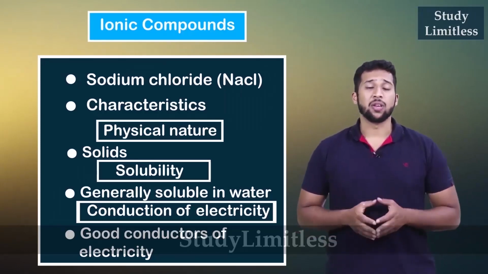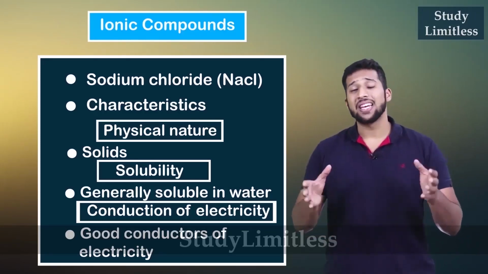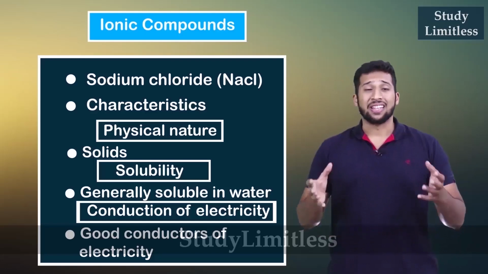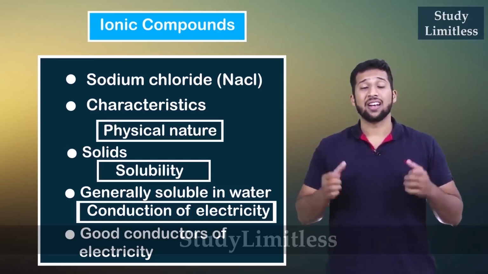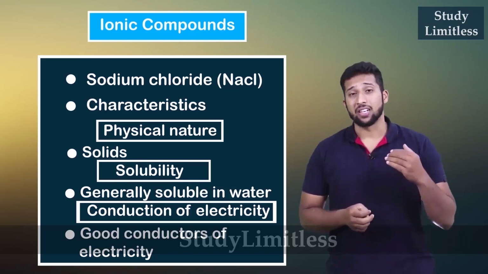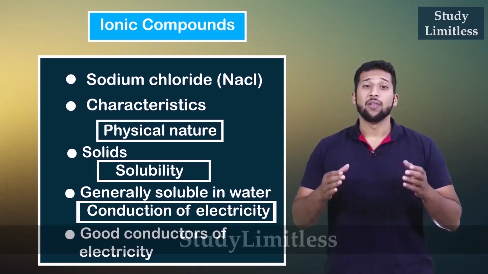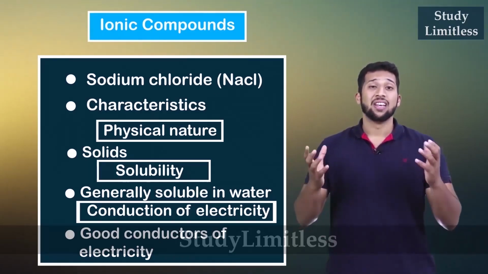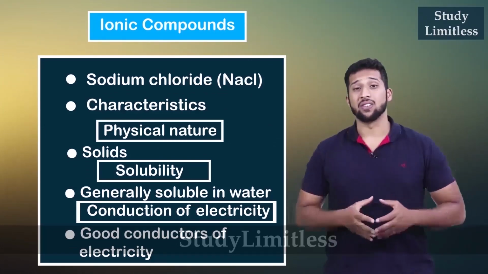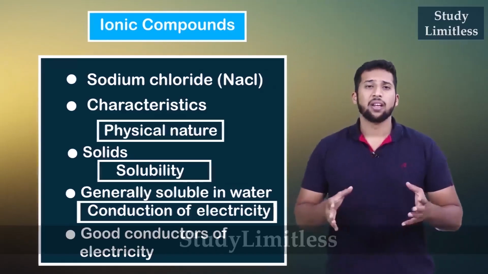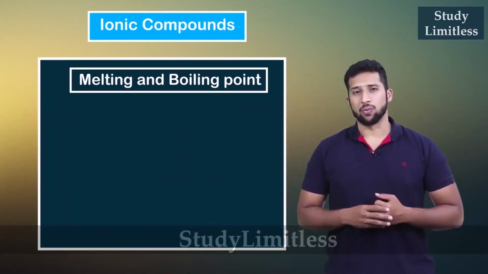And because we use them for our batteries, we can easily conclude that these electrolytes are electrically conductive. And if these electrolytes are electrically conductive, we can also say that these ionic compounds that we have are good conductors of electricity.